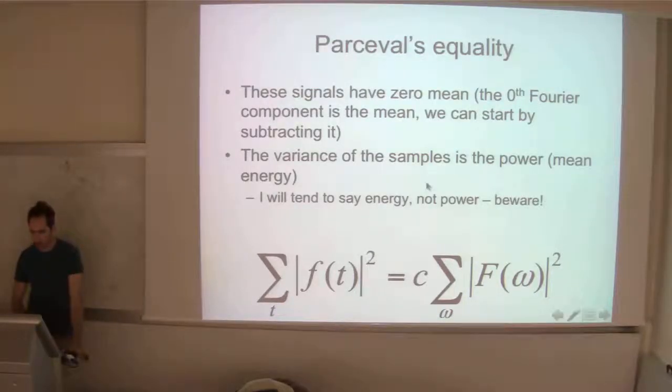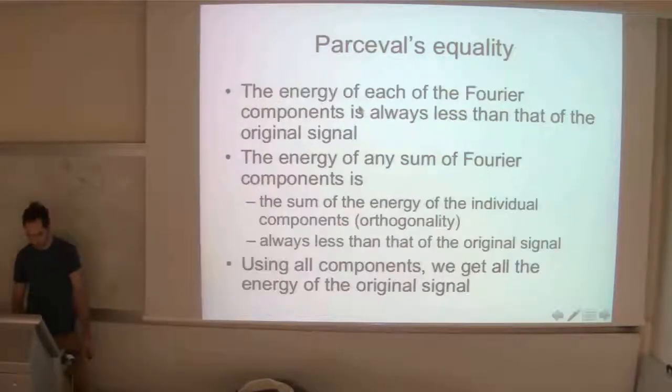So generally, when all the signals have 0 mean, the zeroth Fourier component, and we can always just subtract the mean or do a DC shift, we will get it. So this is the constant here. The variance of the sample is the power. Okay, it is the mean energy, not power, energy.